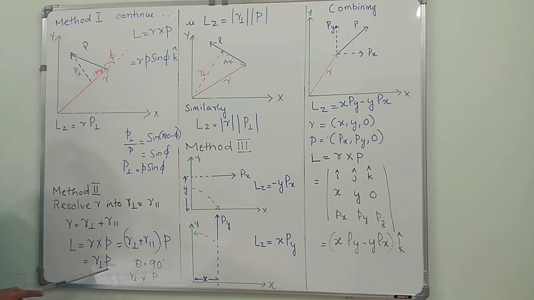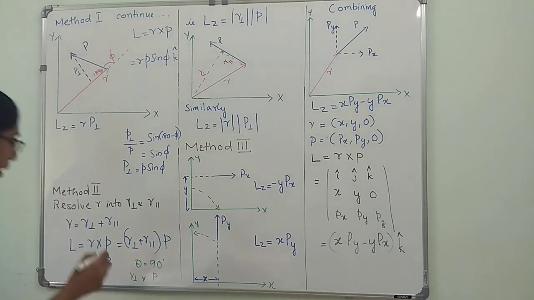Between r perpendicular and p, the angle is 90 because r perpendicular is perpendicular to the momentum p. So the angle is theta, and the sin theta term will be sin 90, which is 1. So you will get r perpendicular into p. So this is along the z direction because you have the unit vector k along here. Unit vector k is also coming, right?